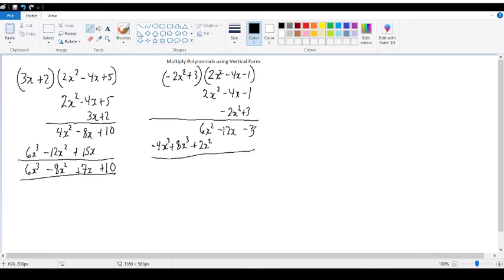Bring down the negative 3. Negative 12x doesn't have any other term to combine with. We have 6x squared plus 2x squared, that will give me 8x squared. Bring down the 8x cubed and negative 4x to the fourth power, sorry about that.